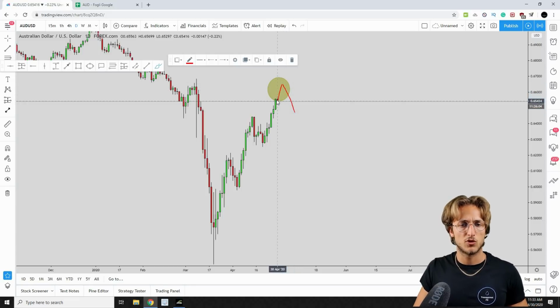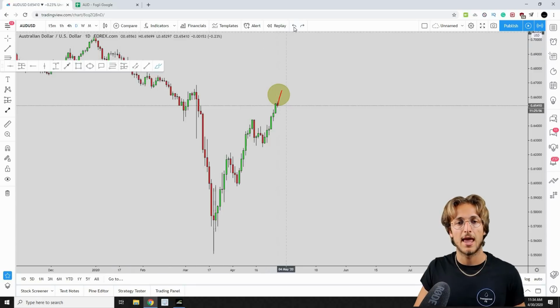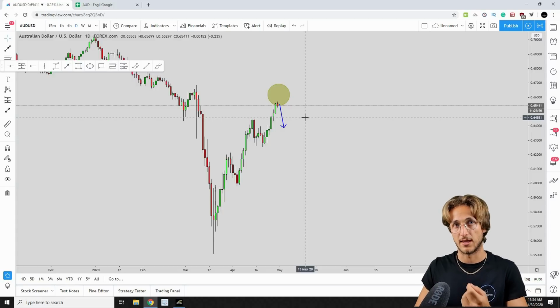So basically, no matter if the market will create a valid opportunity around this area or higher, we will be taking a nice short, and this short will have good risk to reward to the downside and good probabilities to actually play out. And that is what I suggest you to do as well.